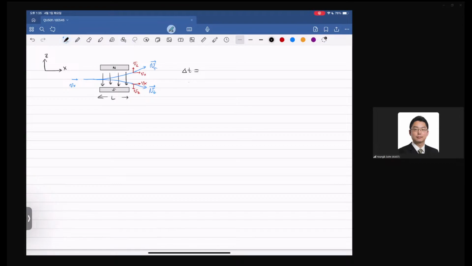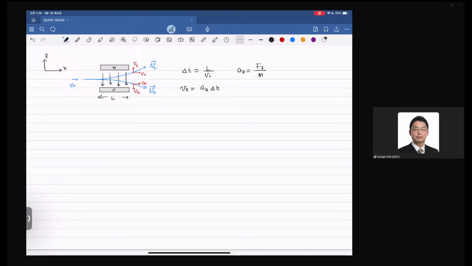Okay. So the amount of delta t through the magnet section is going to be L over Vx, right? That's how long you are feeling this force while passing through this magnet. And then the amount of acceleration along the z direction you can calculate, right? F_Z over m, F equals ma. So Vz is basically A_z times delta t, right?